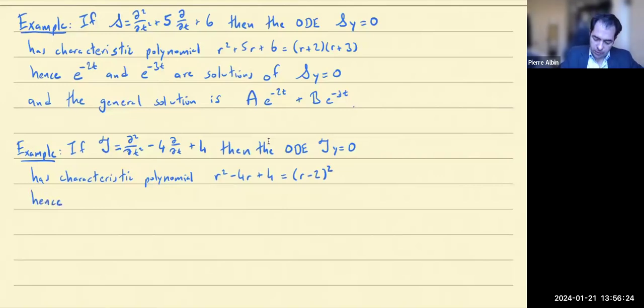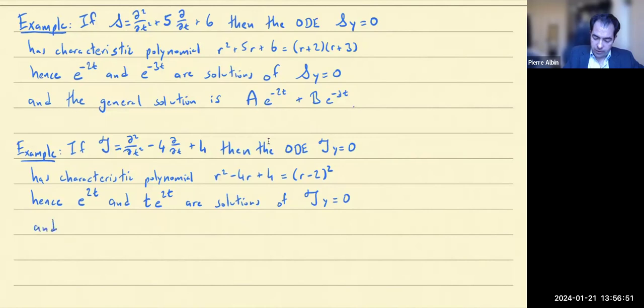Okay, so since we have repeated roots, what we'll do is we take e to the 2t as one of our solutions, right? And then to get another linearly independent solution, we multiply it by t, giving t times e to the 2t. These are solutions of T of y equal to 0.